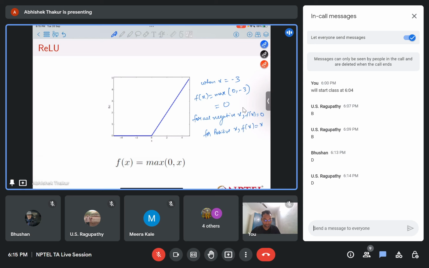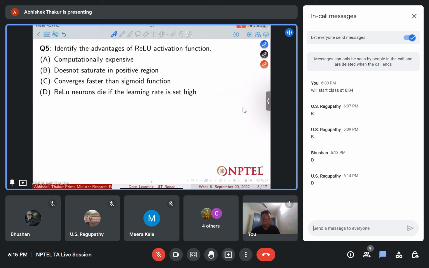So this is our ReLU function. Saying it is computationally expensive is wrong, because it is very inexpensive in terms of computational complexity, while sigmoid and others include exponential functions.